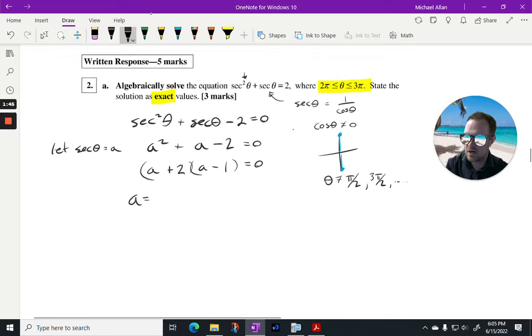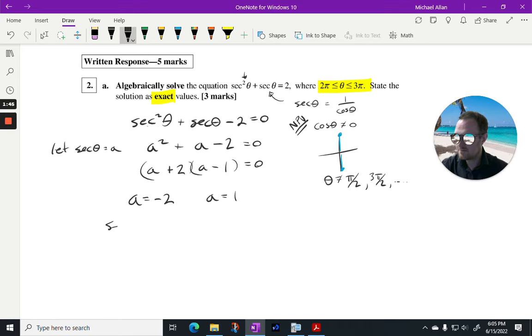Now, the markers want us to be organized a little bit. I don't really like where I put that. I'm just going to put that on the side there. I'm now going to continue on to the question here. So A can be either -2 or it can be 1. But remember that A is secant theta. So secant theta can either be -2 or +1.